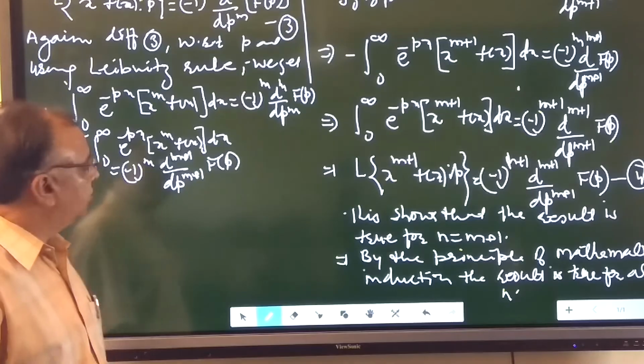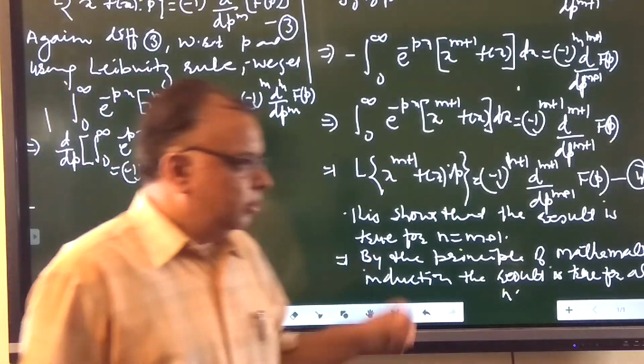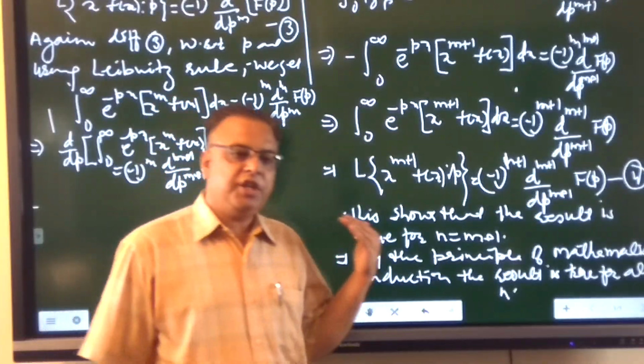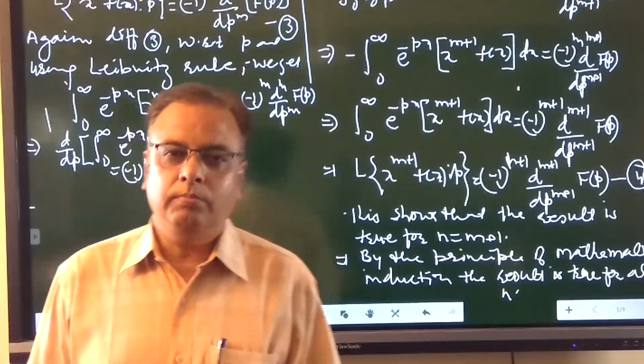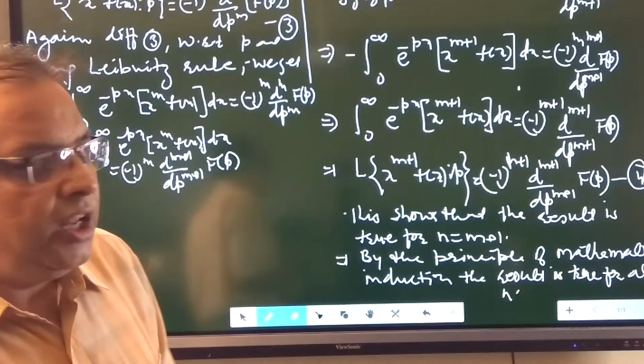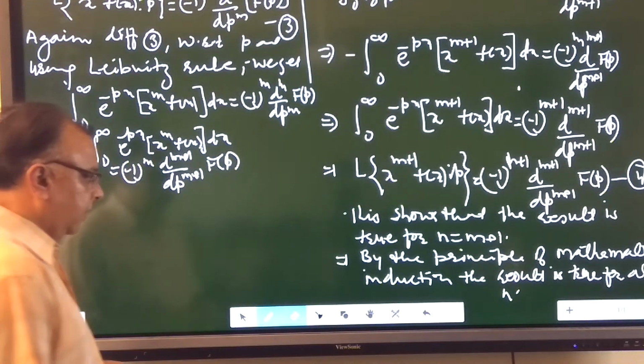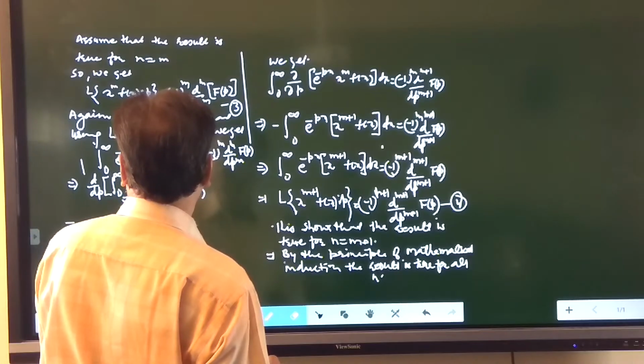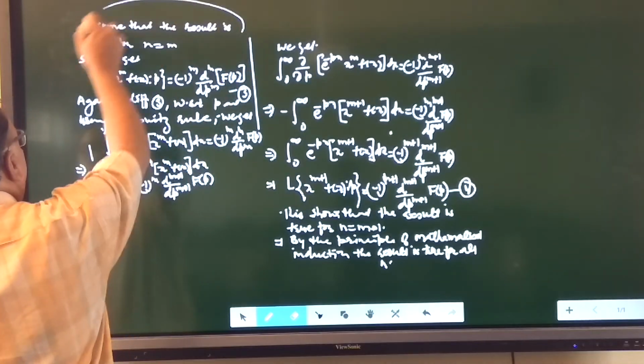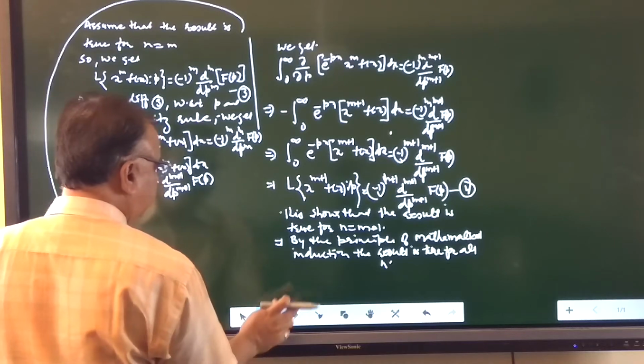Hence, the Laplace transformation of x raised to n is equal to (-1) raised to n, d^n upon dp^n of F(p). So this was the Laplace transformation of multiplication with x of a function.